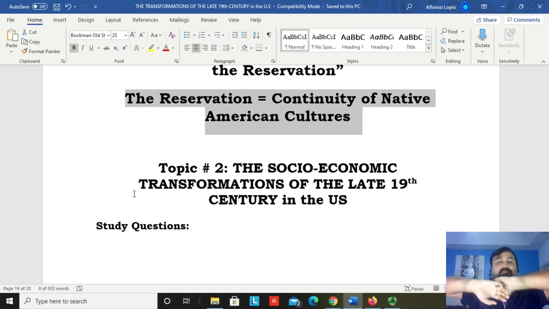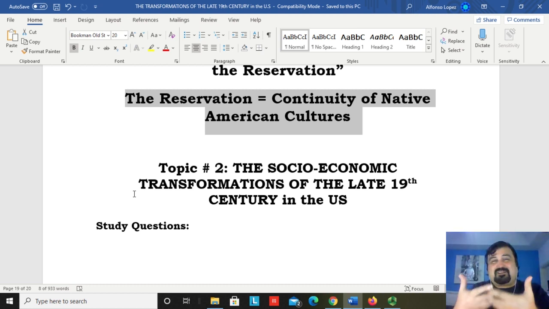They would be broken up into different sections, and some members would move up north, others would move south. So the whole society was going to be disintegrated.